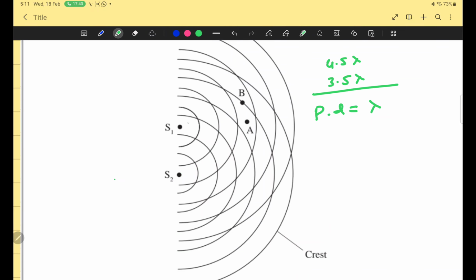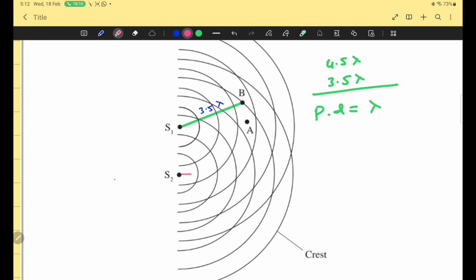Sir, from source number one, count. One wavelength, two wavelength, three wavelength, 3.5. Sir, this is 3.5 wavelength. It is the length of the path from source number one.